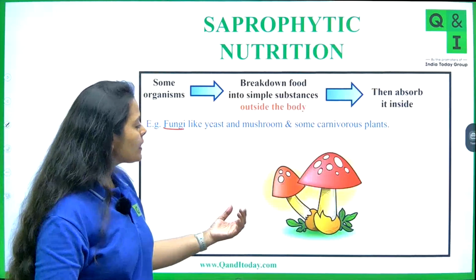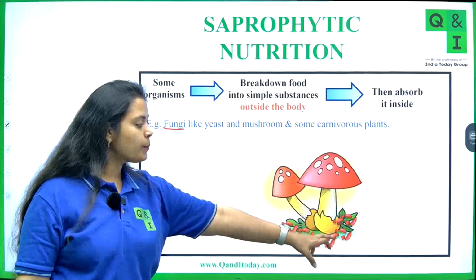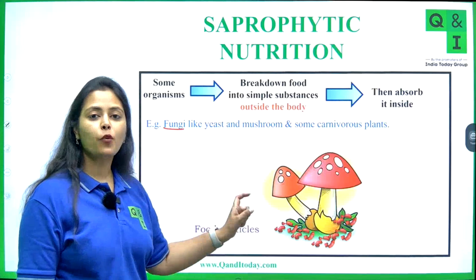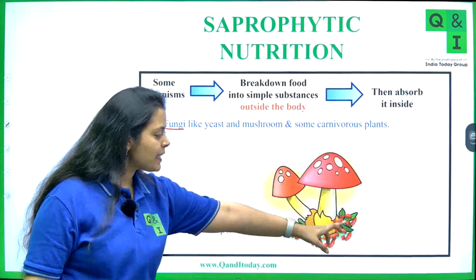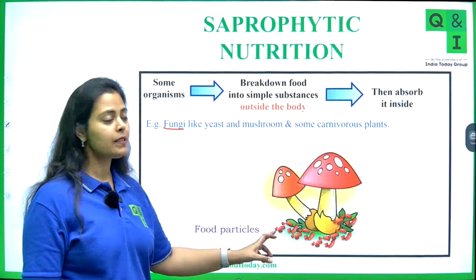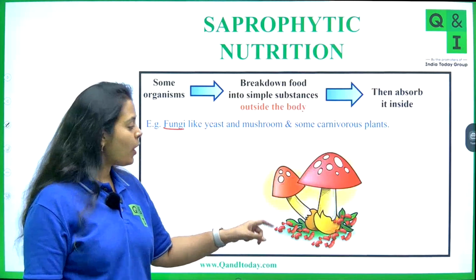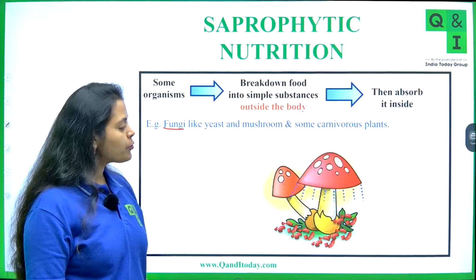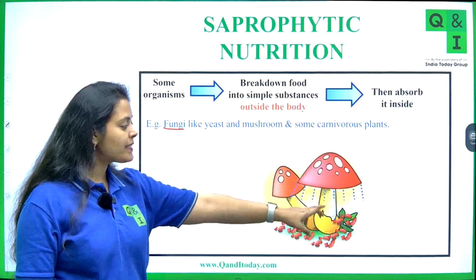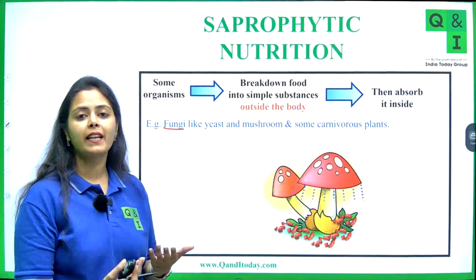Now you can see from here, there are some food particles. Everyone, please focus on this animation. These are food particles which are present in the surrounding of this mushroom. Now, what will the mushroom do? The mushroom is releasing enzymes outside its body.